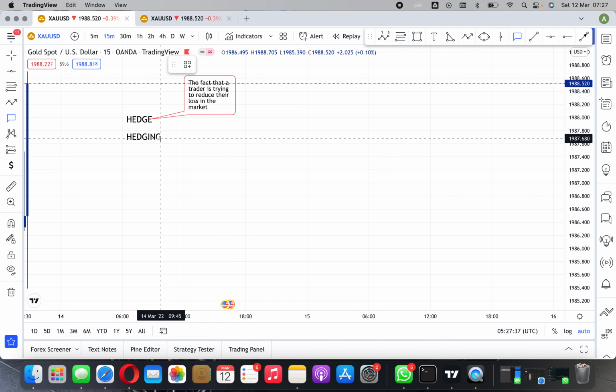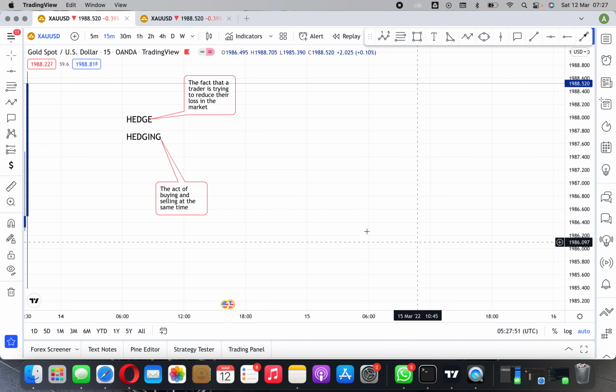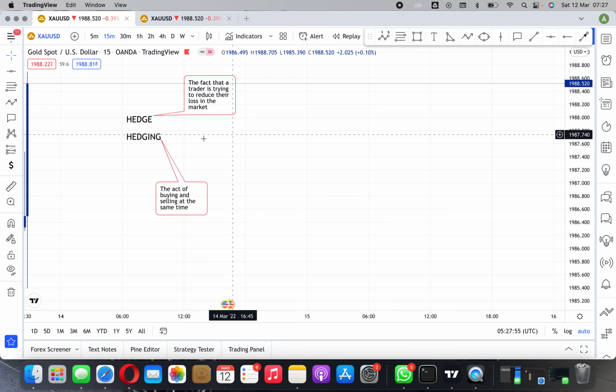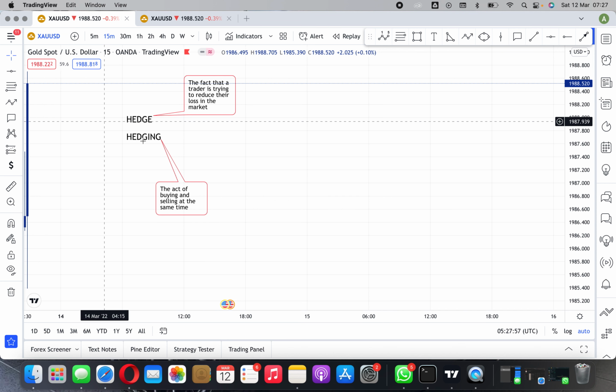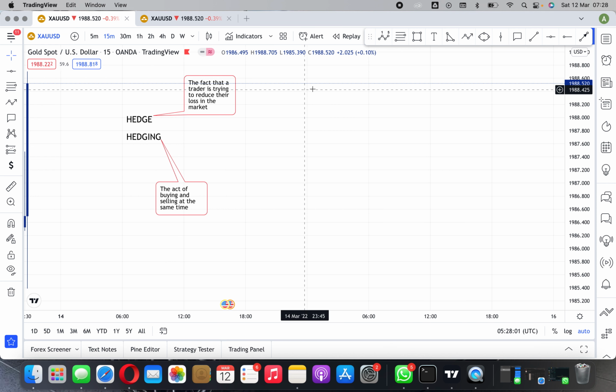And how is it done? The act of buying and selling at the same time. That is how it's done. When you are buying and you are selling at the same moment, that is what is called hedging. Let me make a simple example.